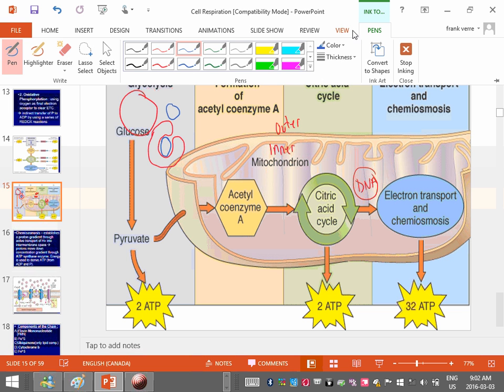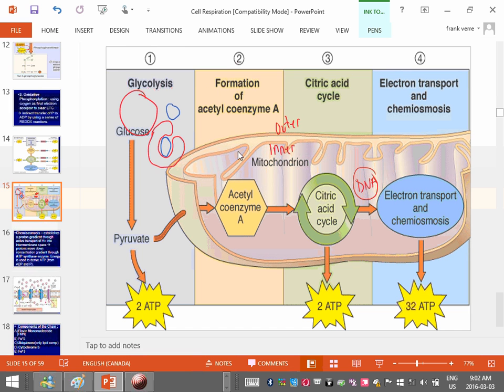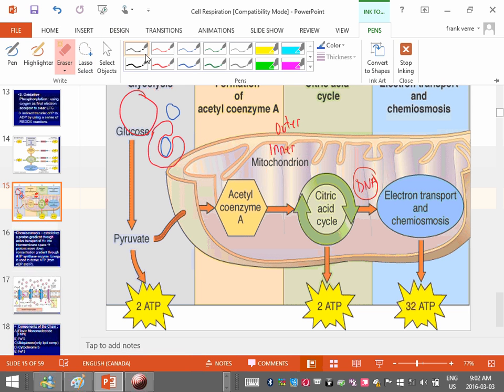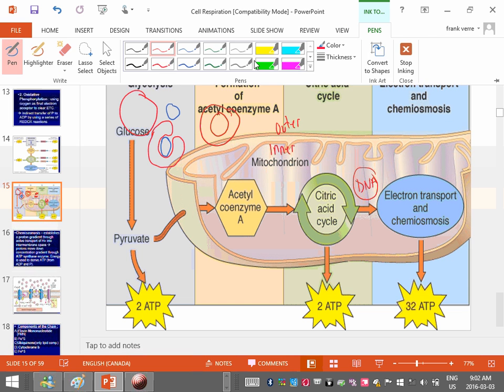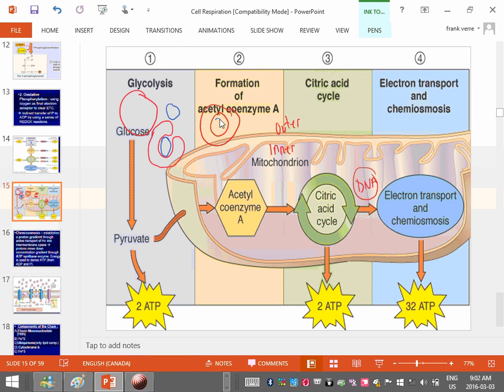When that happens, you get this. Oops. I need to really work on my drawings. You get something like this. You get a structure inside that looks like this. This, you can see, has 2 membranes.